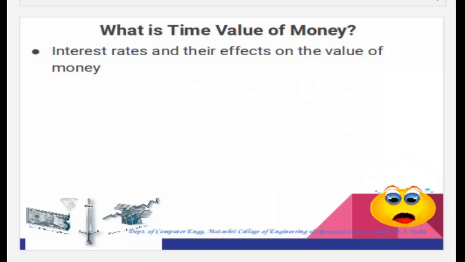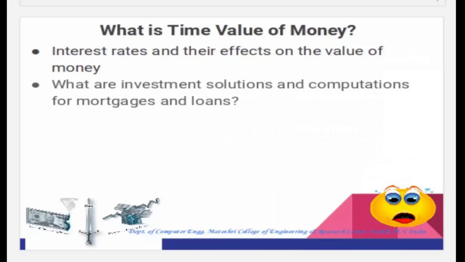The money they have borrowed. Then the question arises, what are investment solutions and computations for mortgage and loan. The reason is that we earn money on sums. We make certain financial management decisions such as investing in a savings account or certificates of deposit, sometimes money market funds.